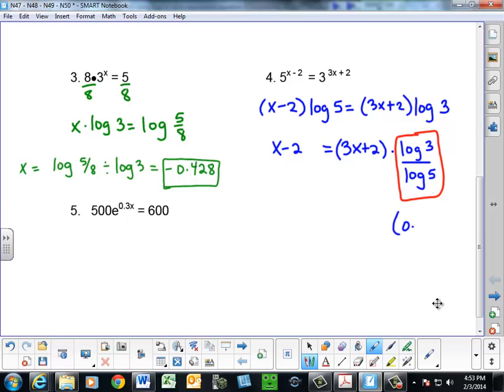That gives you 0.683. So now you can actually do the distributive property on 3x plus 2. That'll be the next step.